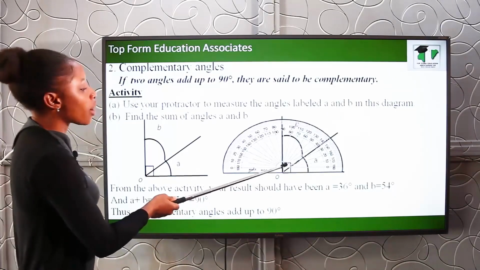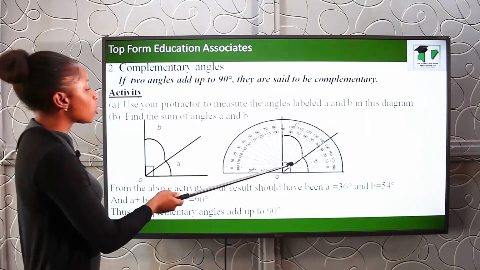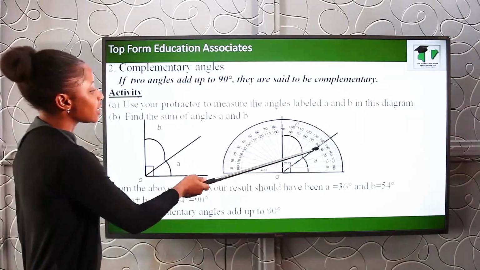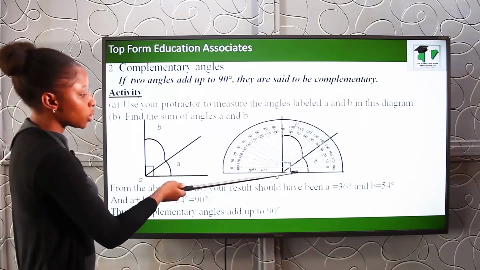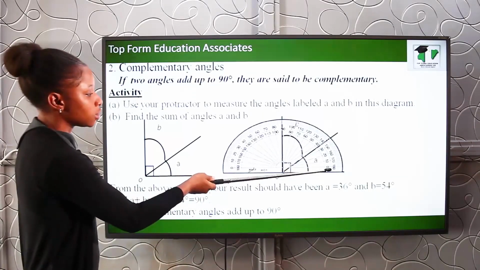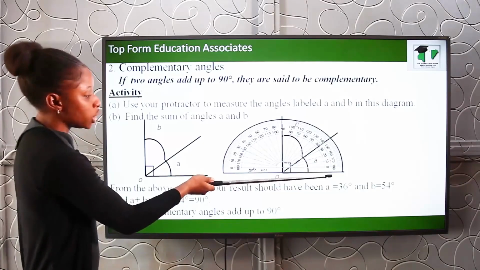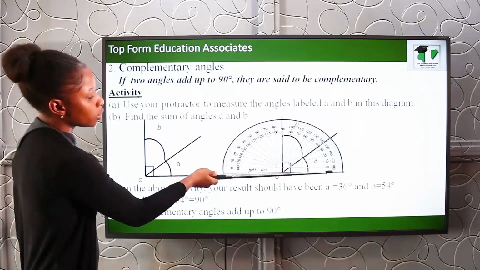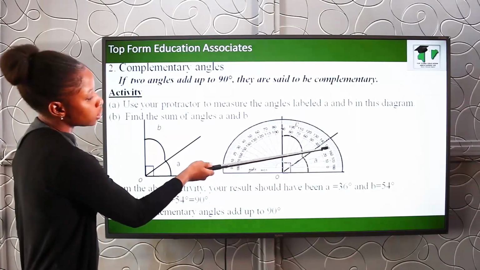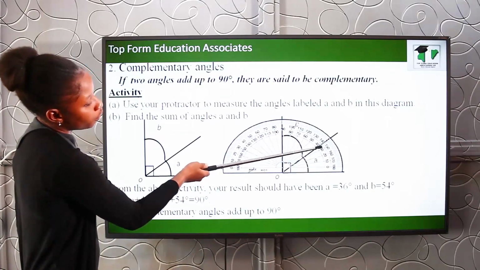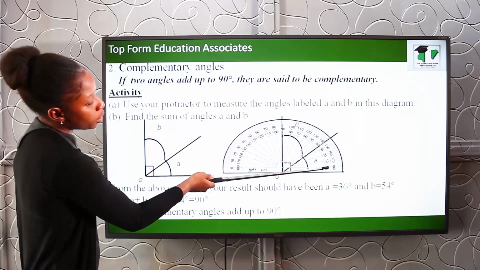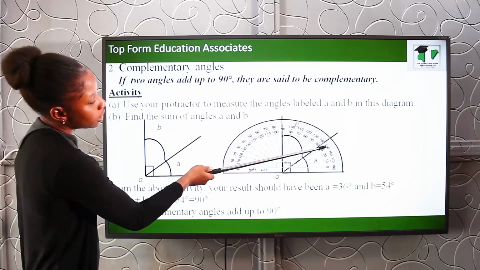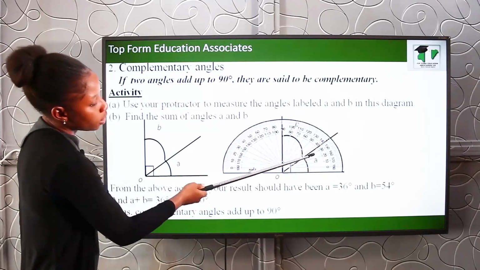Now, when we place our protractor on angle A, our answer is 36 degrees. Okay? Angle A is 36 degrees. We remember how to read it. We are reading anti-clockwise now. 0, 10, 20, 30, and if you look at it very well, 35.